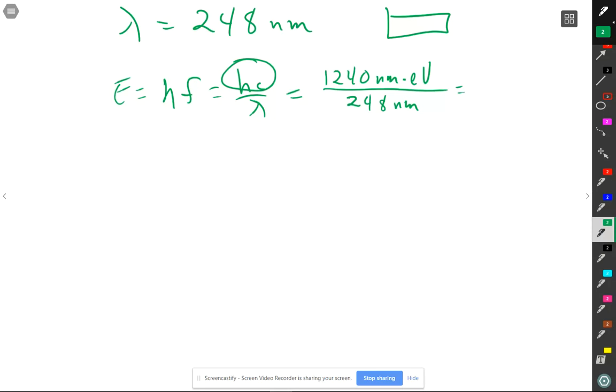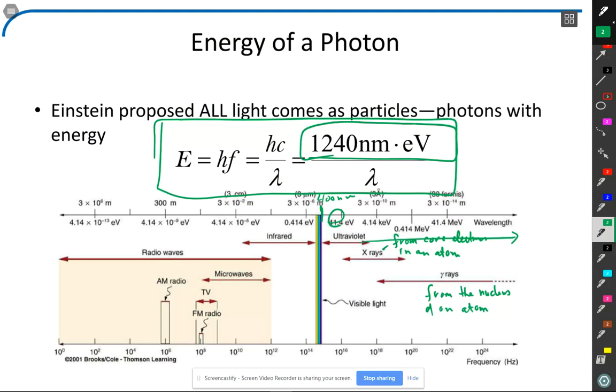If you do the calculation, my memory says that gives me 5. So the photons had an energy of 5 electron volts. It had a wavelength of 248 nanometers and energy of 5 electron volts. That was very useful to me in my research. I think I'll have that number on the test. It might be useful on the test if you want to go from wavelength to energy.